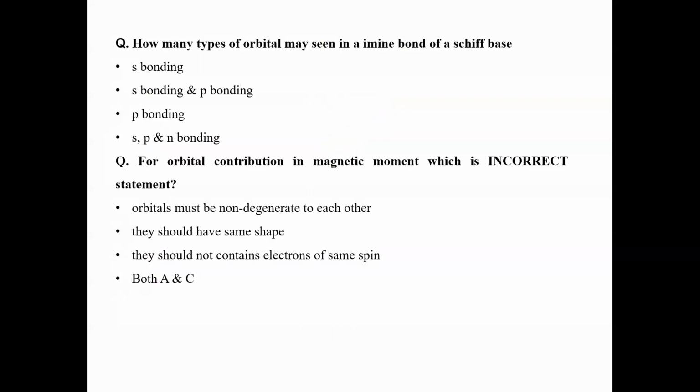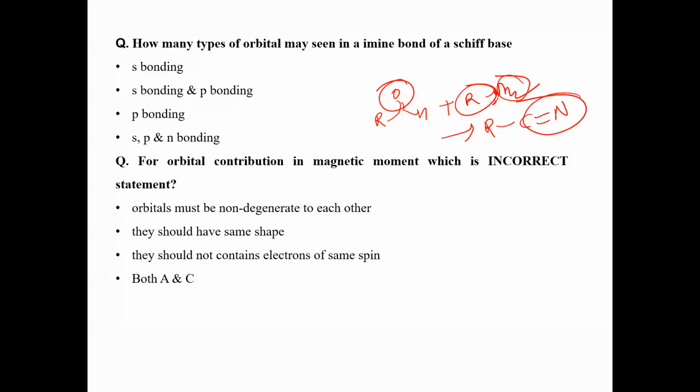Okay, as explained. So how many types of orbitals may be seen in an imine bond of a Schiff base? Basically, a Schiff base is a product of an aldehyde and an amine, so this bond is just like this.